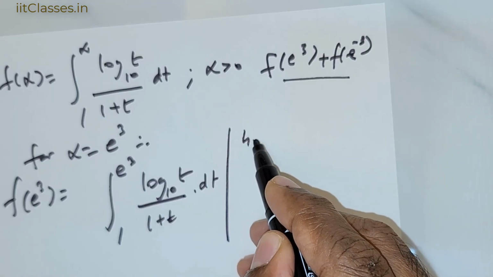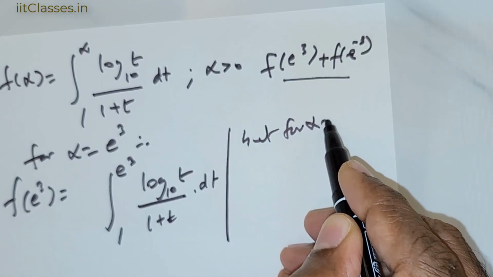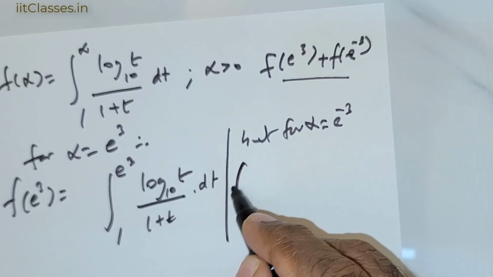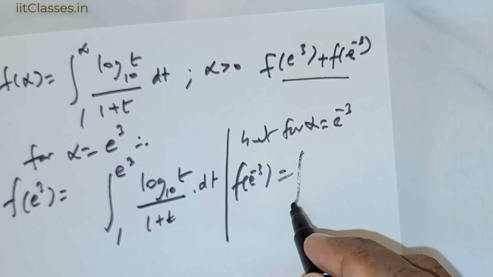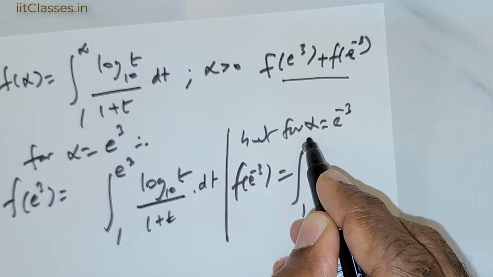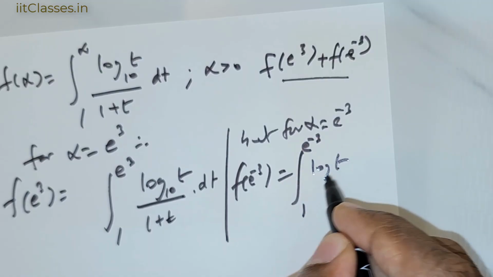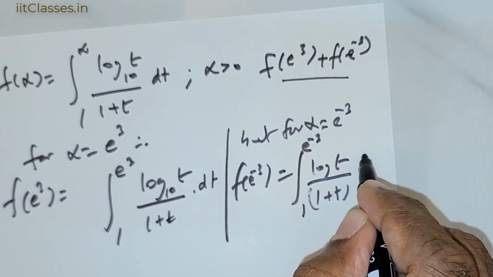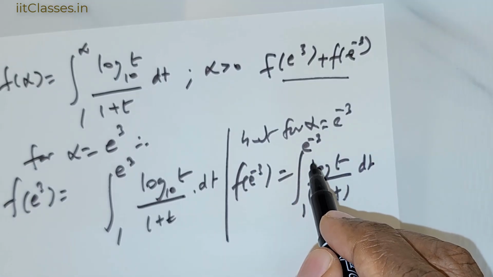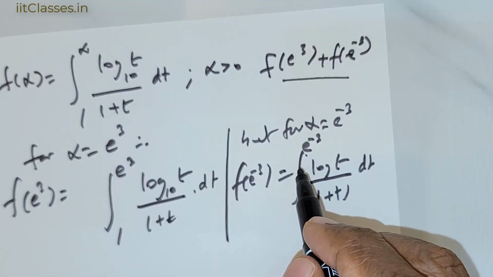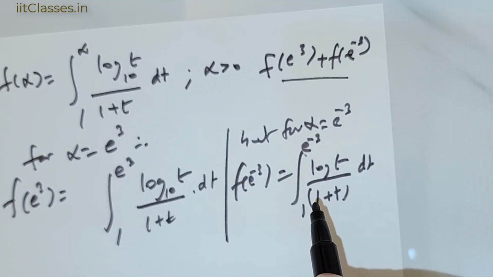But for alpha equal to e raised to the power of negative 3, you have f of e raised to the power of negative 3 is equal to the integral from 1 to e raised to the power of negative 3 of log t divided by 1 plus t times dt. So the issue is that we have a different limit, but yet we have to add these two things.